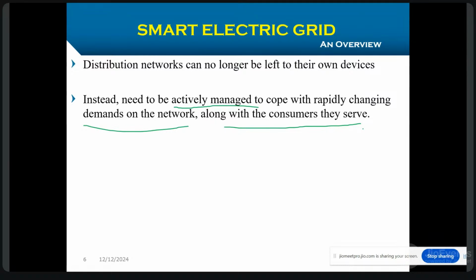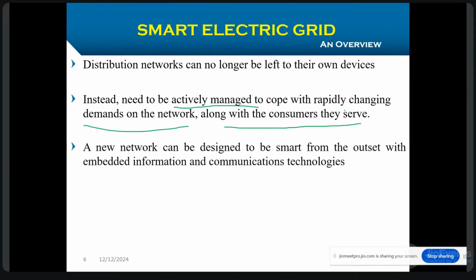Operating conditions means, please understand, it is not only the load but the generator. Not only the generator and the load, but the network. What kind of network? So based on this, we should be able to adapt our system, and we should be able to take the decisions, and meet the changing operating conditions stably and reliably.